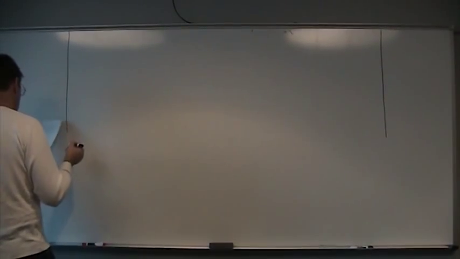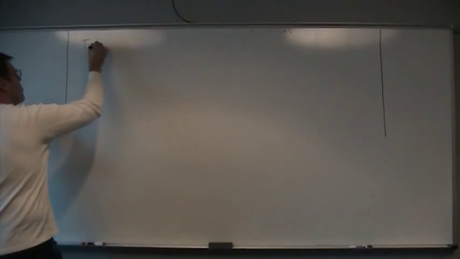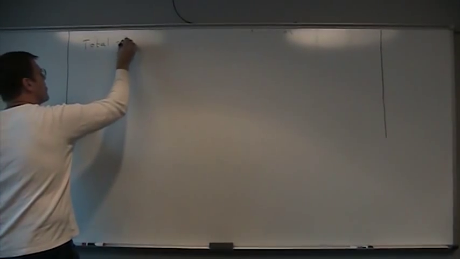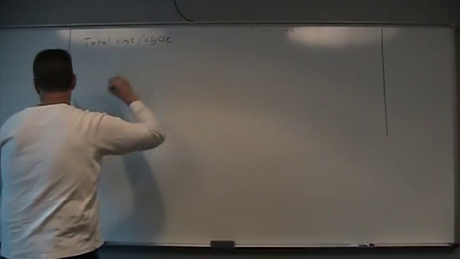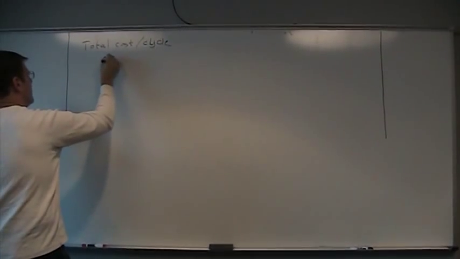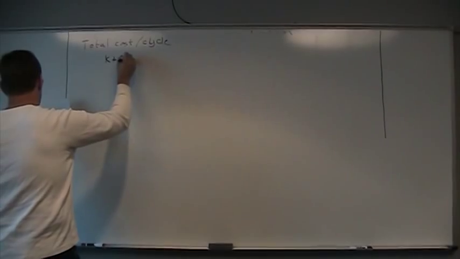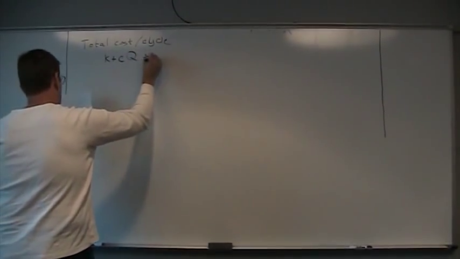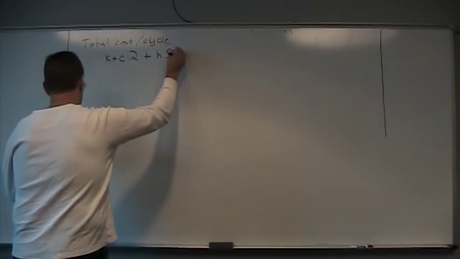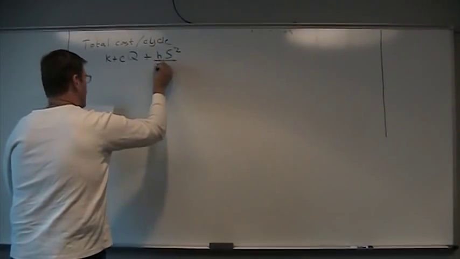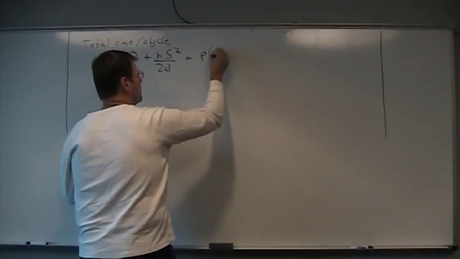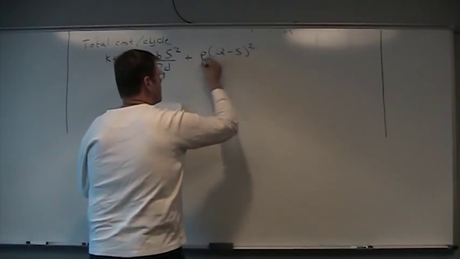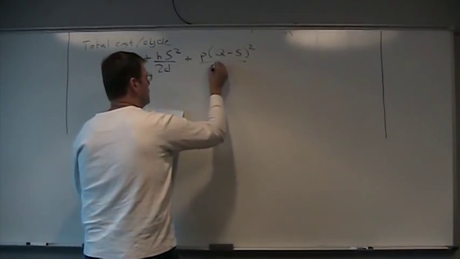So the total cost per cycle works out to be K plus C times Q plus H times S squared divided by 2D plus P times (Q minus S) squared divided by 2D.